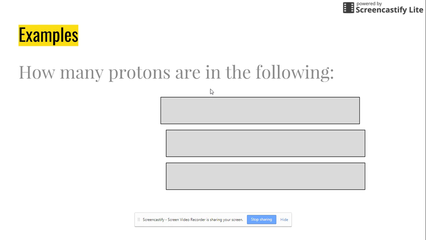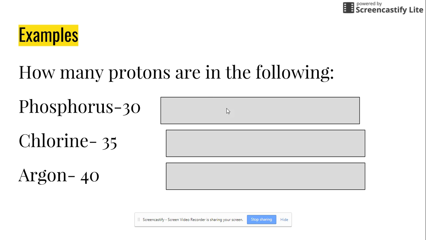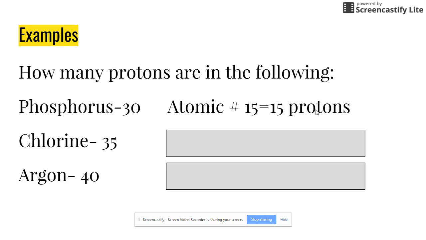All right, so let's look at some examples. How many protons are in these three elements? Remember, protons are equal to atomic number. So pull out your periodic table and find phosphorus. Phosphorus is a capital P, and its atomic number is 15, so that means it has 15 protons.